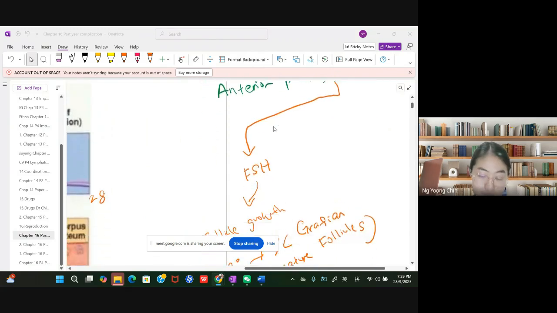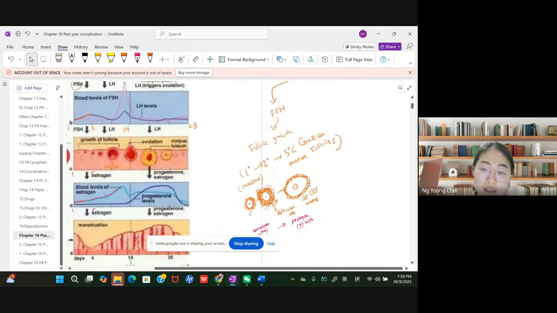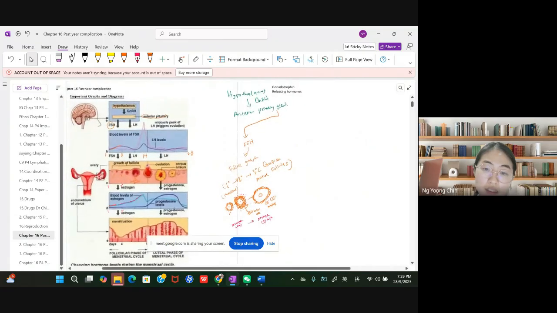hypothalamus. Maybe you can draw like this. If you have very low estrogen, you can have a negative feedback to the hypothalamus. Negative feedback. This negative feedback is caused by the very low estrogen level.